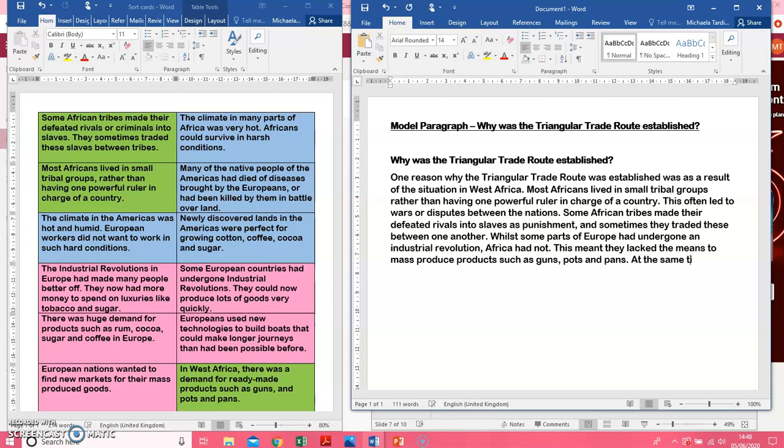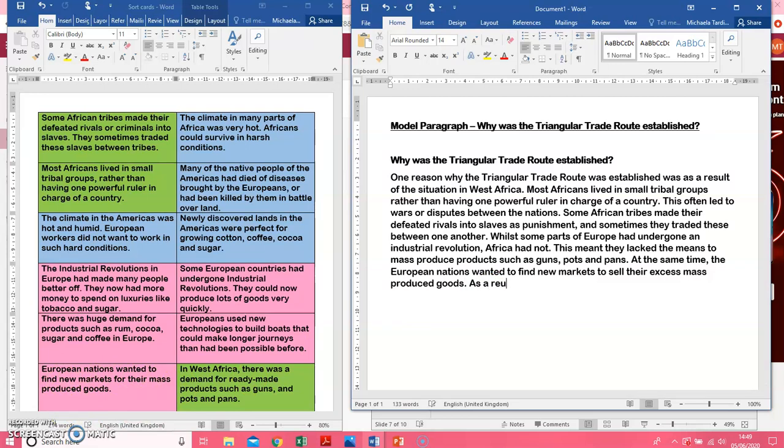At the same time, the European nations wanted to find new markets to sell their excess mass-produced goods. So I'm using some of this stuff here, okay?